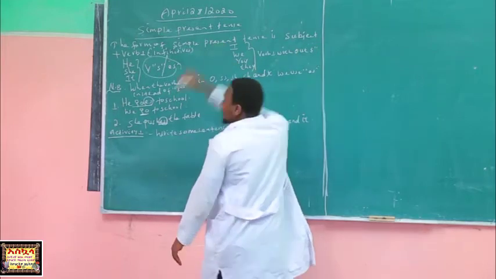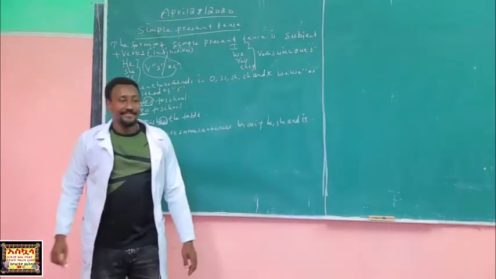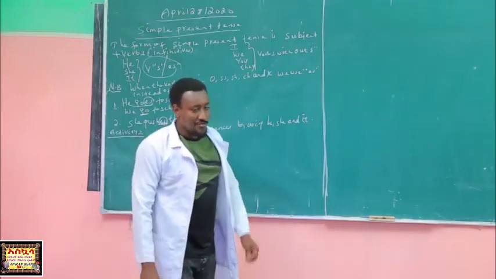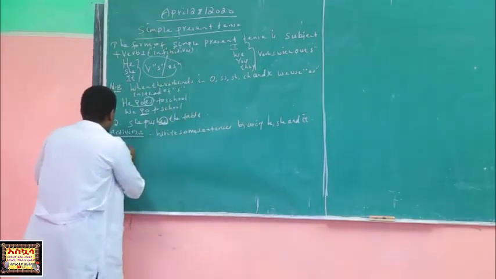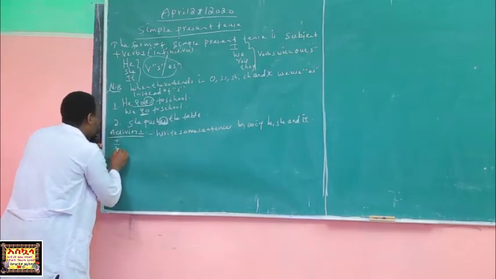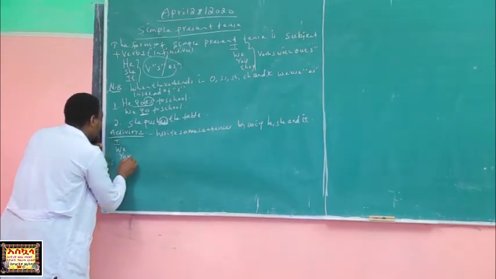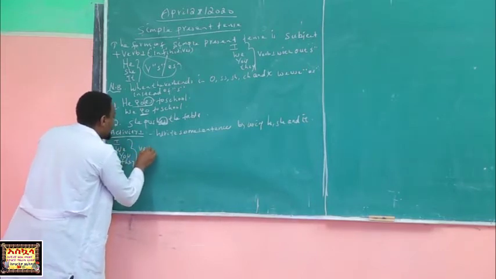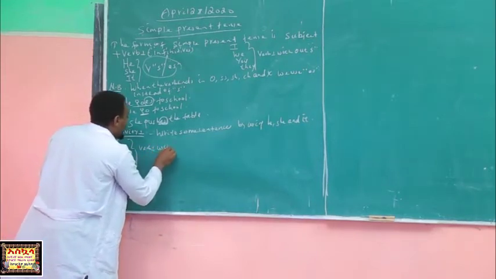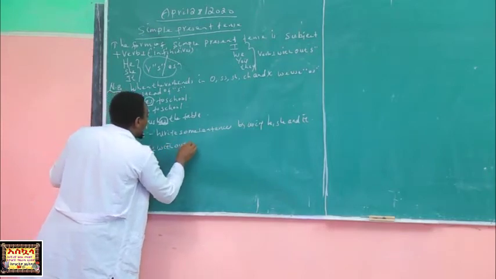S. No need of using S here. For example, for I, for we, for you, and for they, we use verb 1 without S.